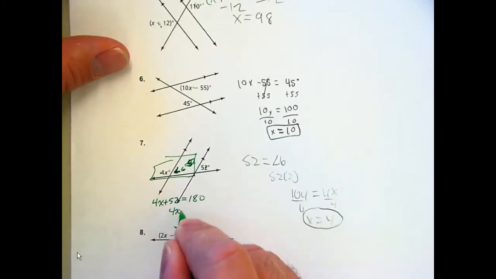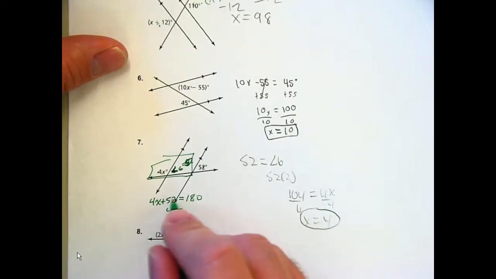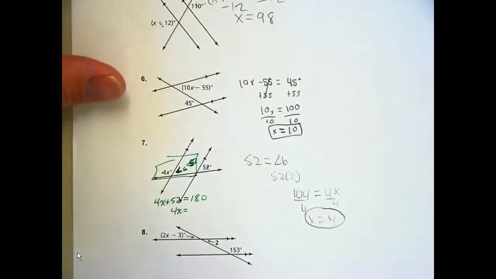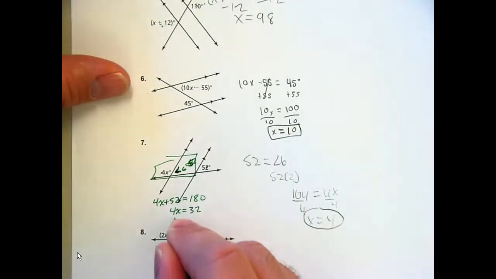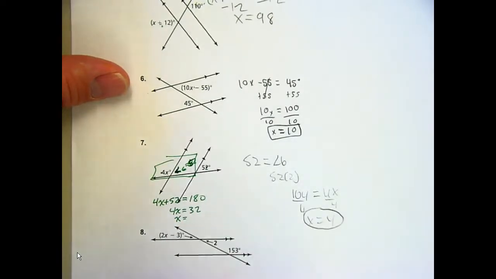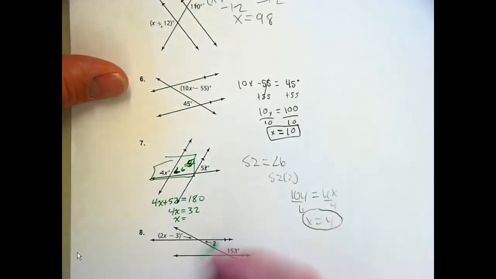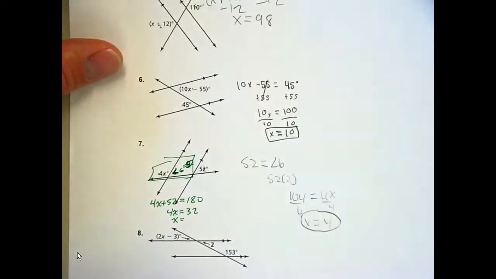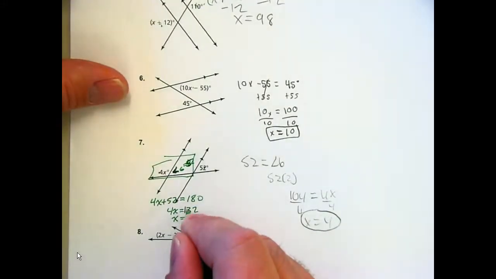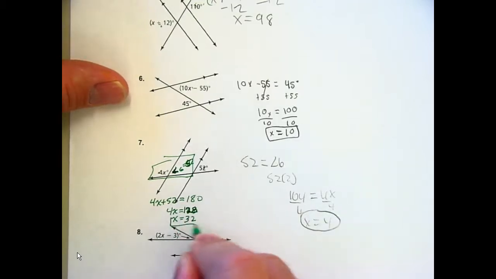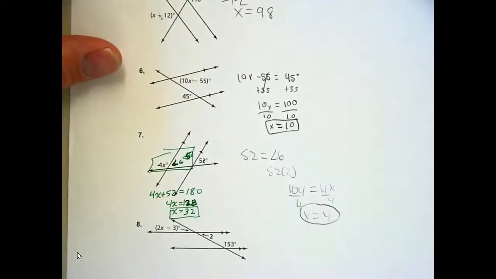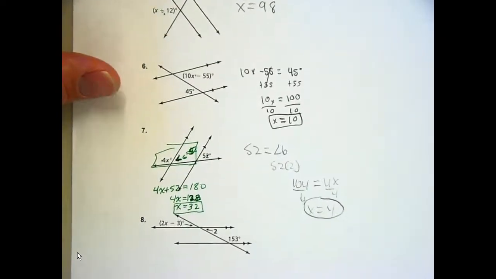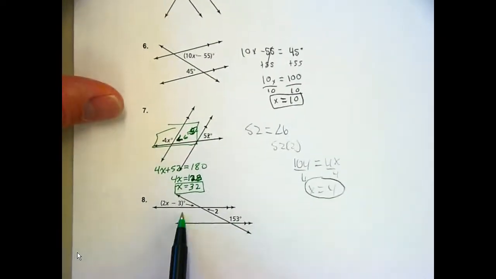So 4x equals, subtract 52 from both sides, what's that? 128? It's better. And then we divide by 4 and we get x equals 32. Okay? Very good.